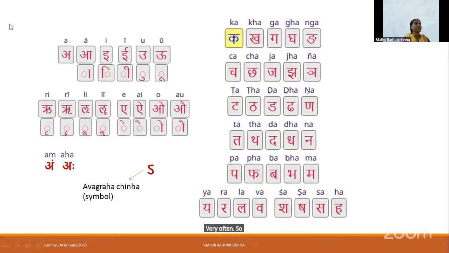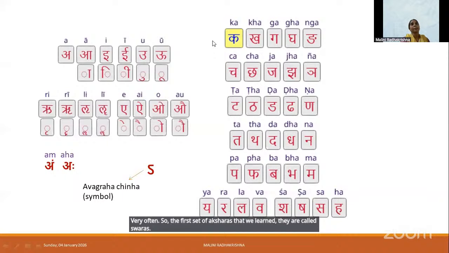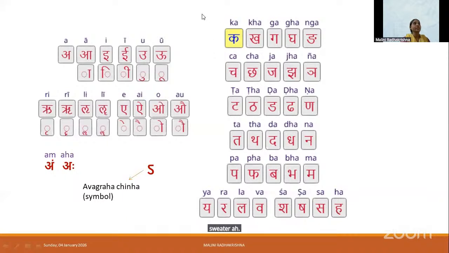So the first set of aksharas that we learned are called Swaras. The next set of letters that we are going to see are called Vyanjanani. The first letter is Ka.